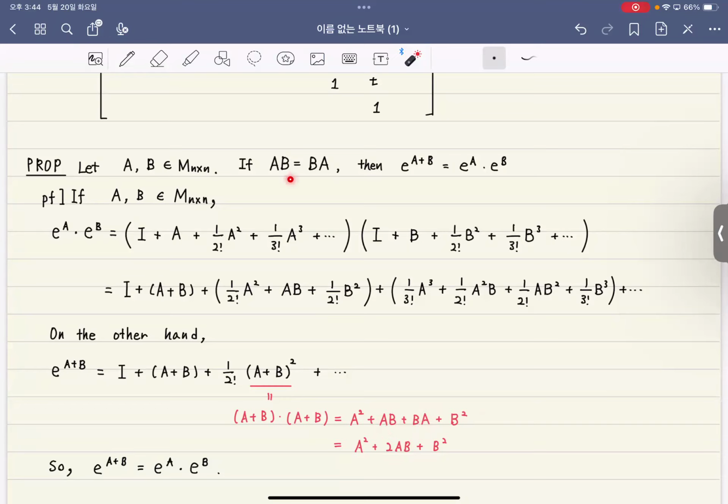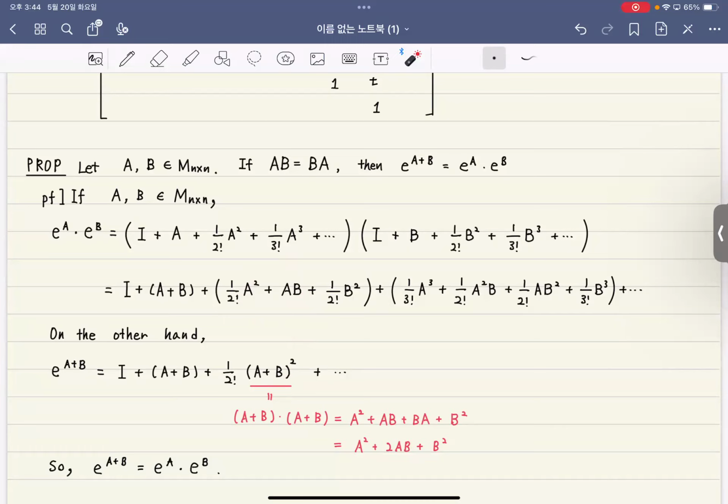But since we are enjoying this very nice property of commutation, AB plus BA can now be simplified to 2 times AB. Plugging in this expression and dividing everything by 2, this quadratic term is the same as this quadratic term. So they are the same thing.